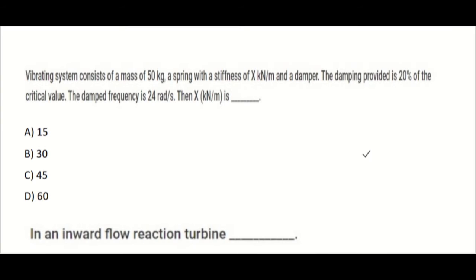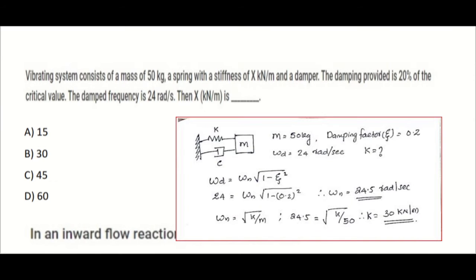Next, a vibrating system consists of a mass of 50 kg, a spring with a stiffness of x kilonewton per meter, and a damper. The damping provided is 20% of the critical value. The damped frequency is 24 radians per second. Then find x. For better understanding, we need to draw the figure, the spring damper system.